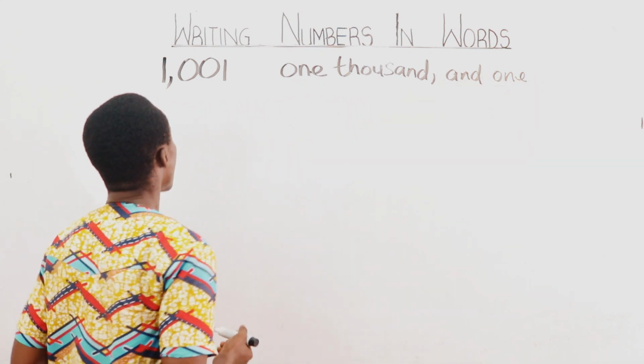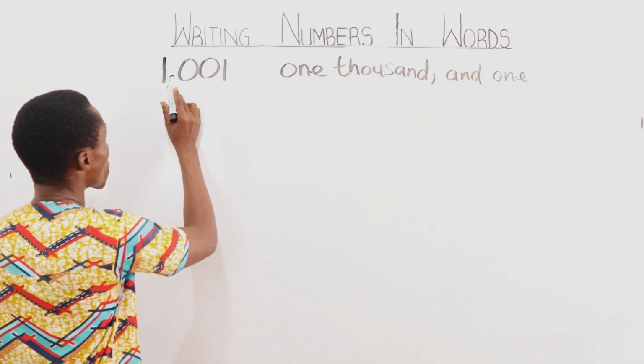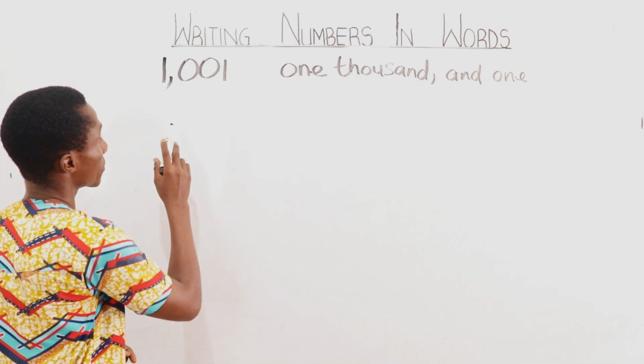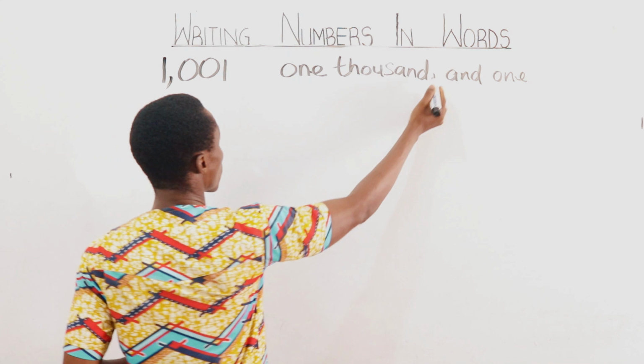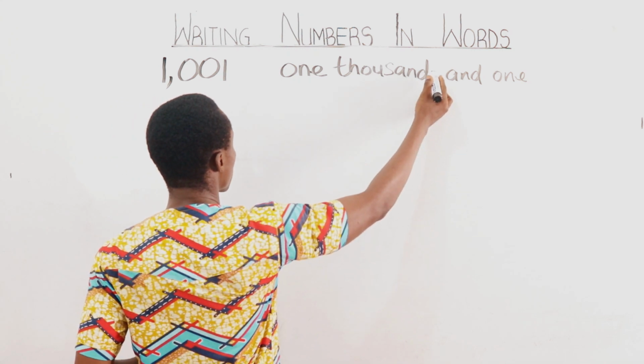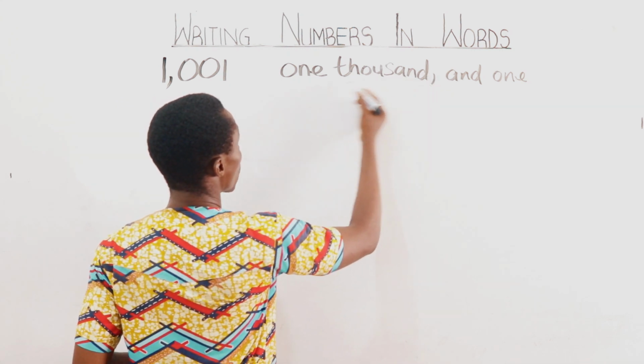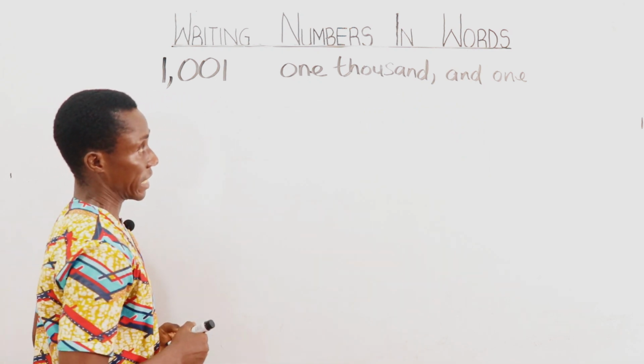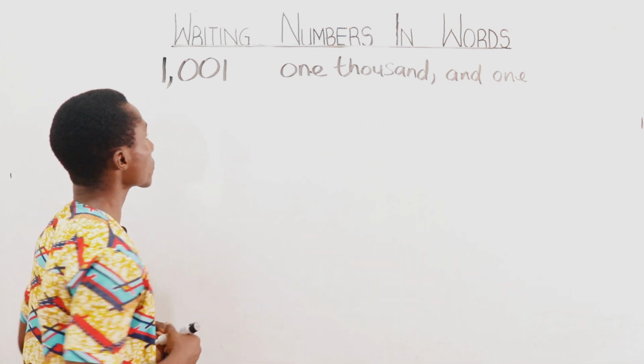Okay? Now, where we see the comma that separates the periods, we are going to have the comma at those places when we are writing the number in words.